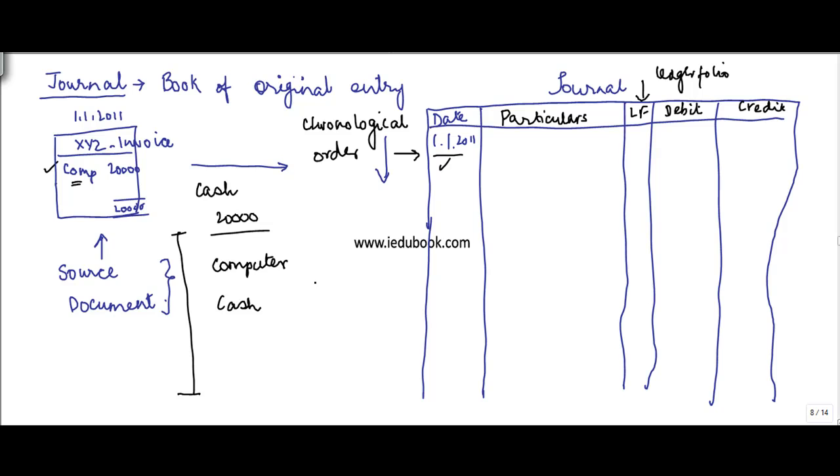I suggest that every time you do an entry, you revisit the rules of debit and credit in your mind. Now computer is what? Computer is an asset account. Cash is also an asset account. So what was the rule for the asset account? Do you remember?